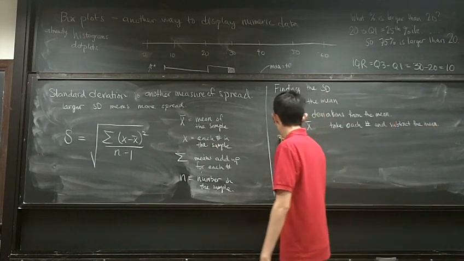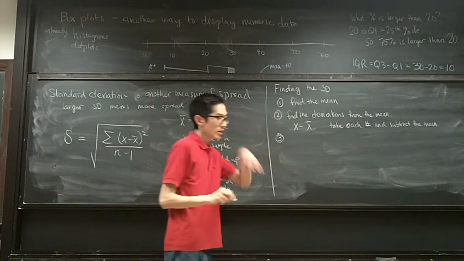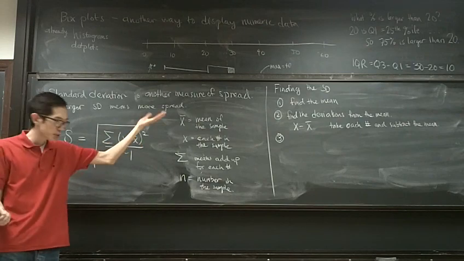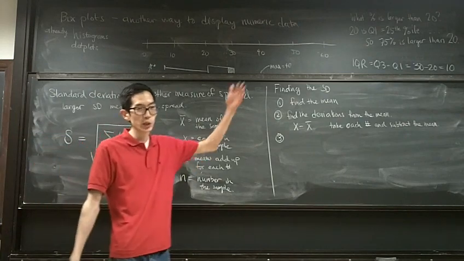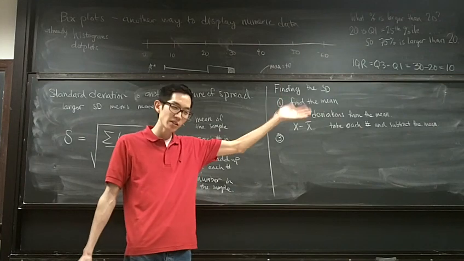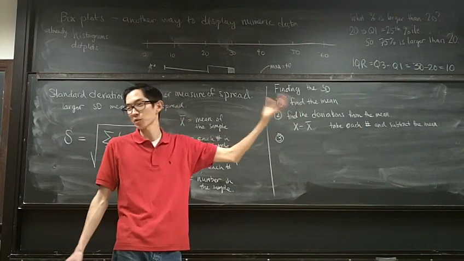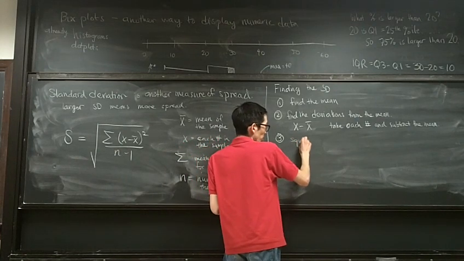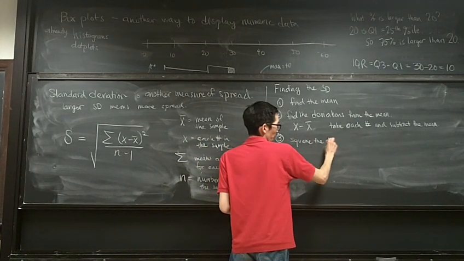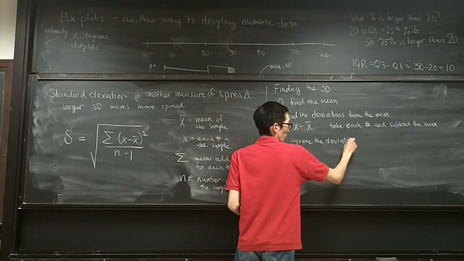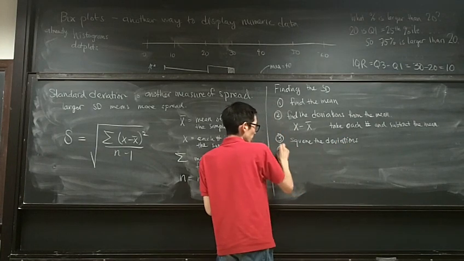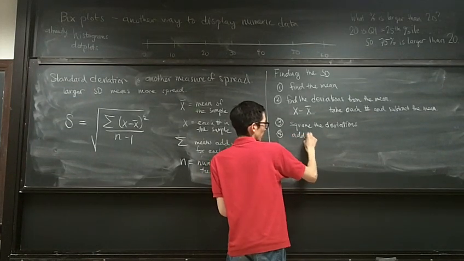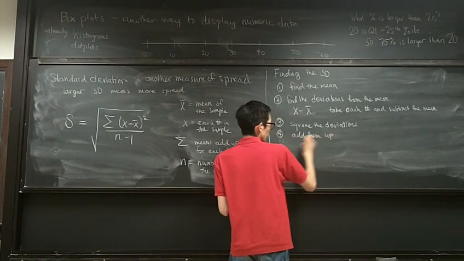And then step 3. Rather than just taking the average of all of these deviations, we do something a little bit funny. We're going to square all of them, and then we take the average-ish, and then we take the square root of that. So we're going to square those deviations. Then I take the average, kind of, by adding them up and dividing.